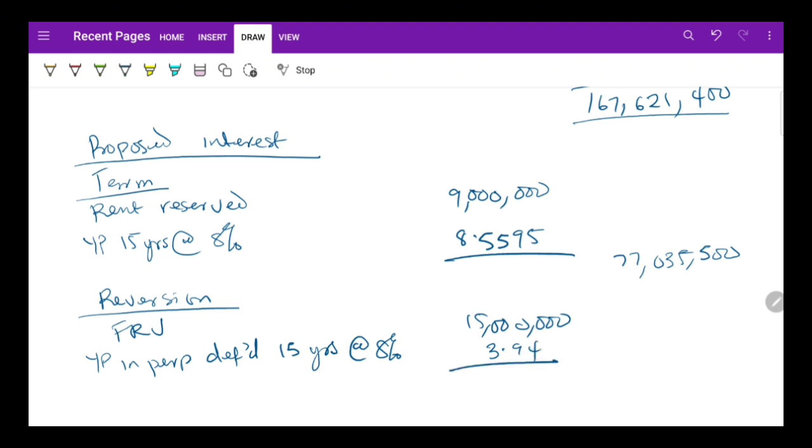Multiply that, and it gives us 59,100,000. We add both the term and reversion and it gives us 136,135,000 naira.